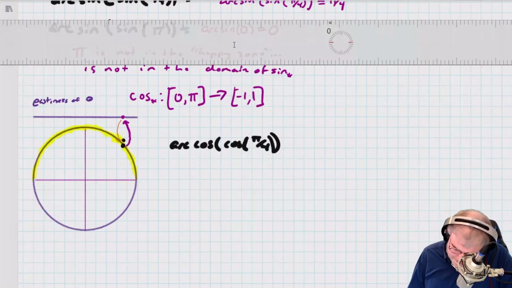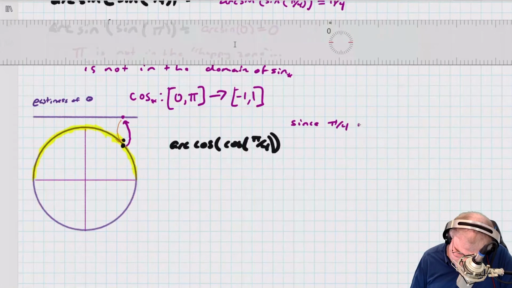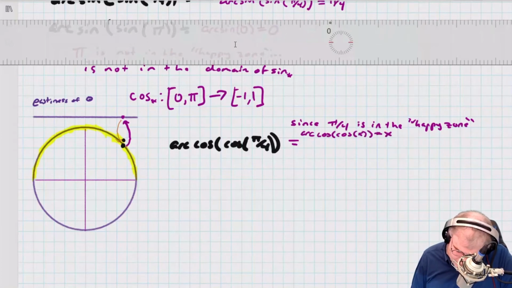Right? Pi over 4 is in the happy zone. So I just throw it in here, I get pi over 4.